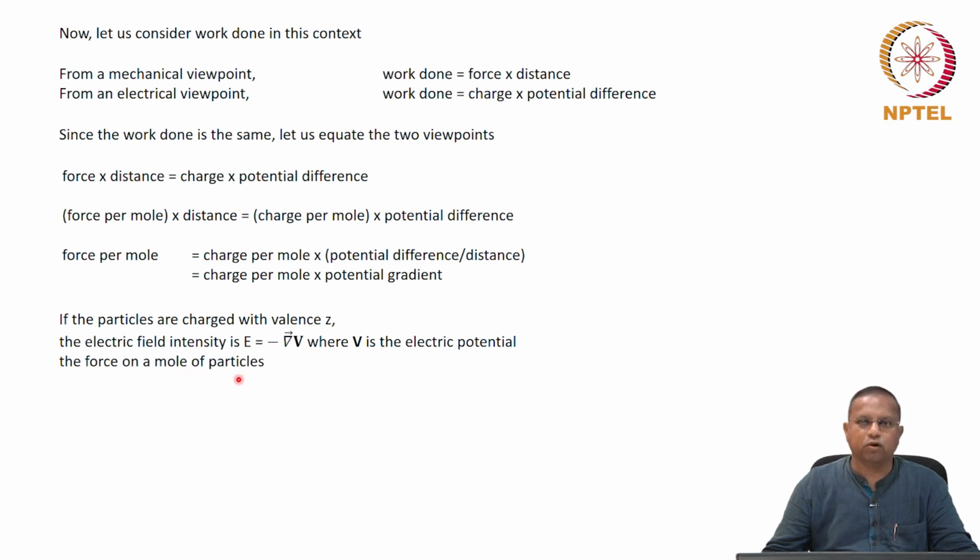The force on a mole of particles, force per mole, which we will represent by the lowercase f, is nothing but minus ZF del V. If you want to write this in one dimension, you could write this as minus ZF dV/dx. If it's a one-dimensional case, we could write it this way. And in a three-dimensional case, you write it this way.